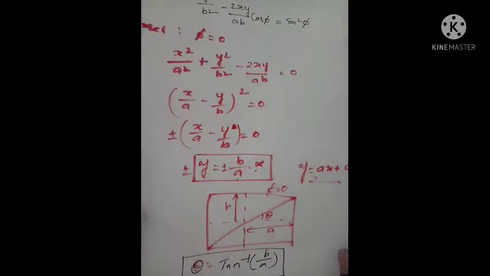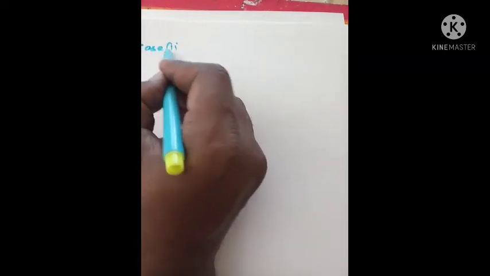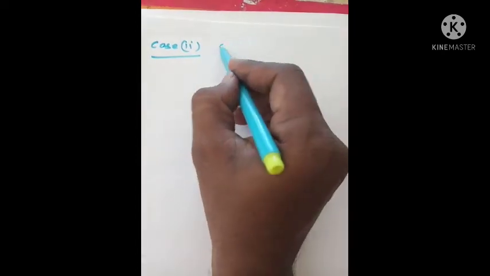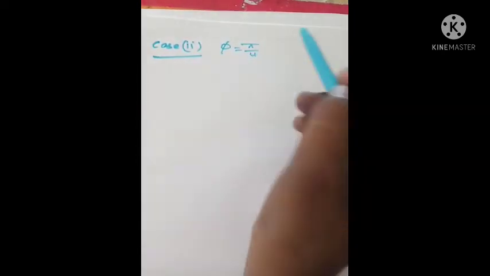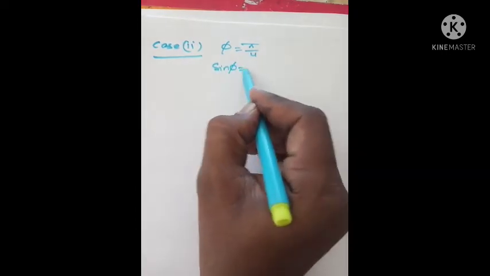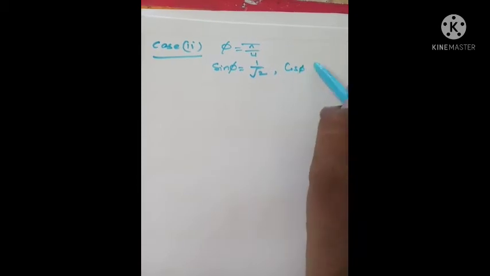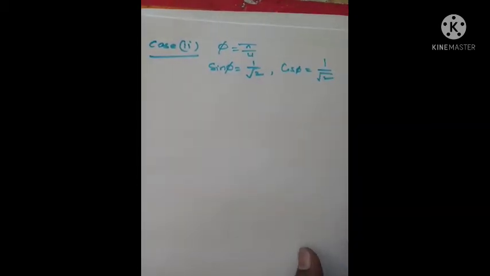This was case 1. Now case 2. Here I am assuming phi equals pi by 4. If you take phi equal to pi by 4, what about sin phi? Sin phi equals 1 by root 2, and also cos phi equals 1 by root 2, right?